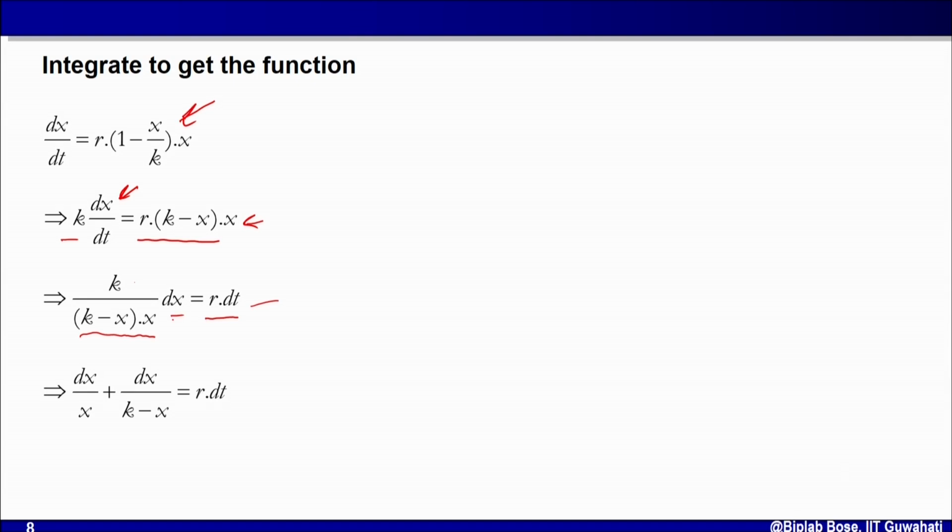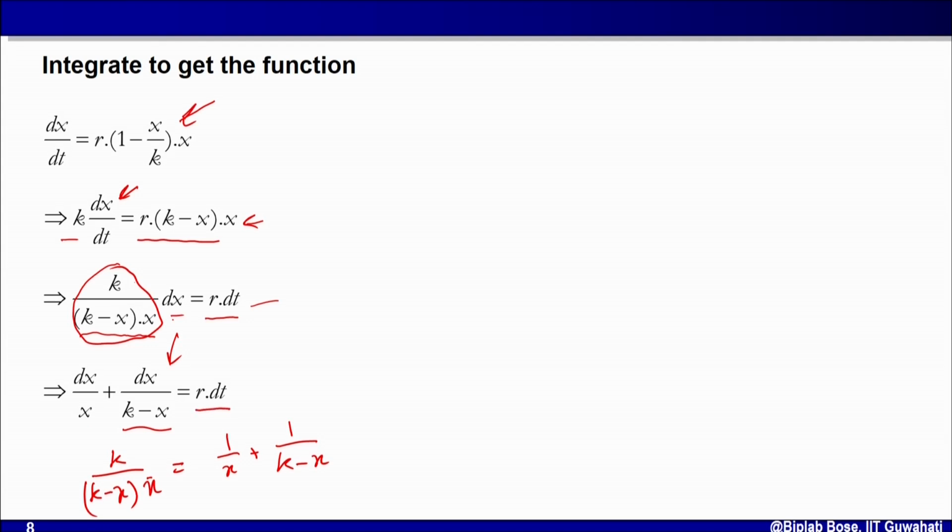I can rearrange this term further. This whole thing, k by (k minus x) into x, is nothing but 1 by x plus 1 by (k minus x). So from this I get dx by x plus dx by (k minus x) equal to r into dt.